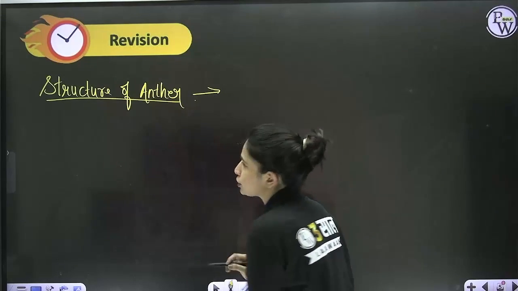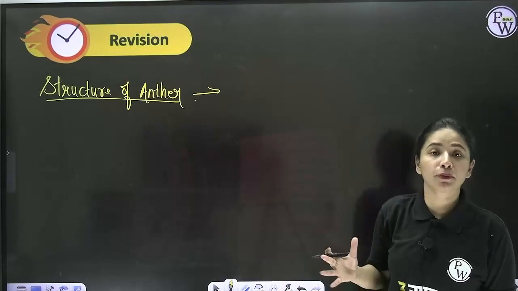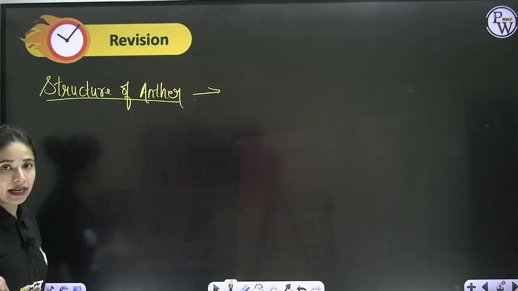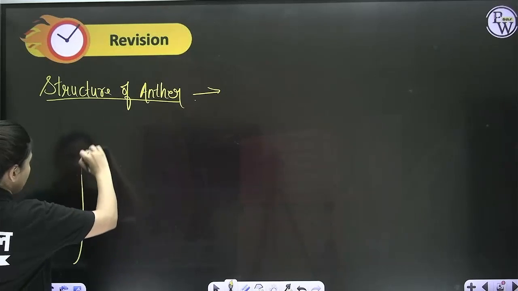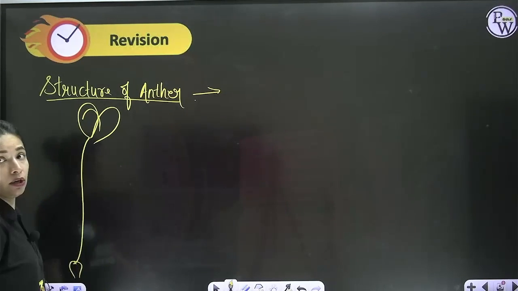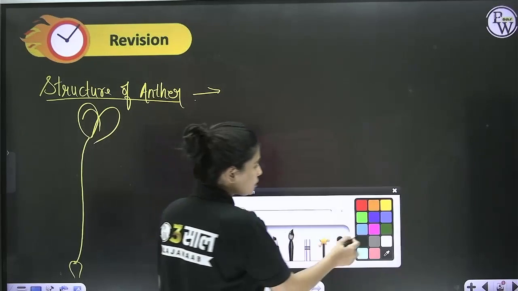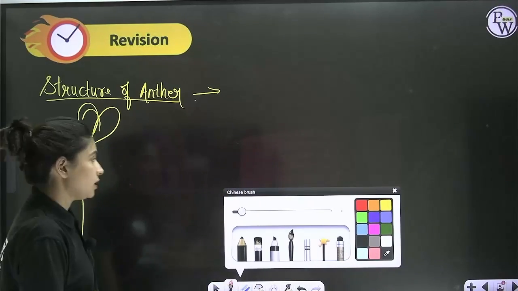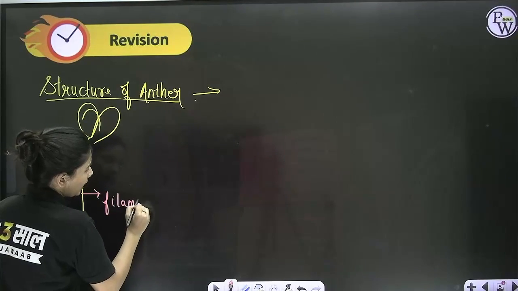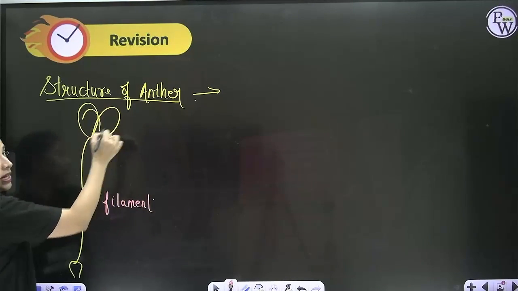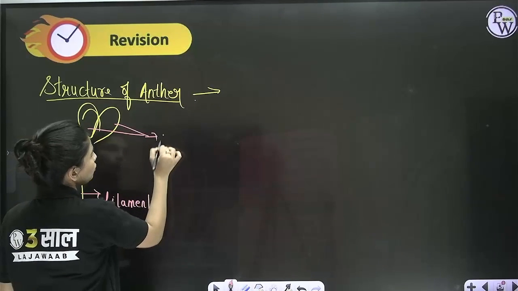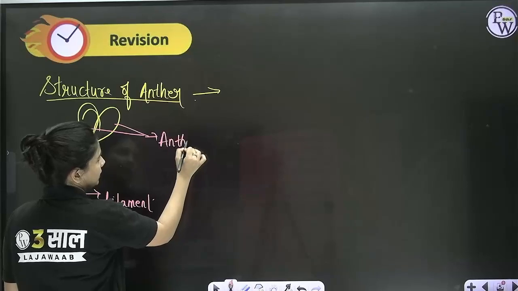Now, first of all, anther is the part of the male reproductive organ called stamen. The collective term for stamen is androecium. Now, this is how a stamen looks, which consists of two parts: the stalk known as filament, and the two swollen lobes that you can see at the top of the filament, these are known as anther.